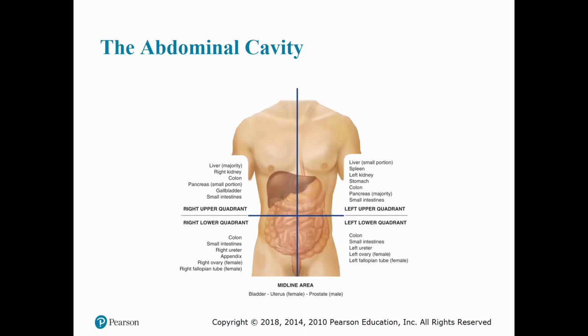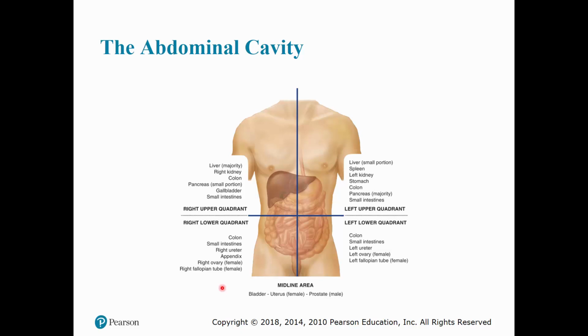Within the abdominal cavity, we split it up into 4 quadrants. This is illustrated on page 136 in your textbook. I would highly recommend looking over this section, so that once we start actually going through and doing our assessments, and we say you have tenderness to the right lower quadrant, okay, what organs are there?